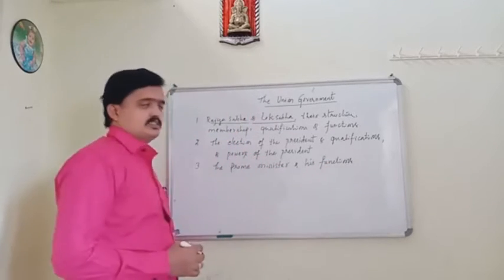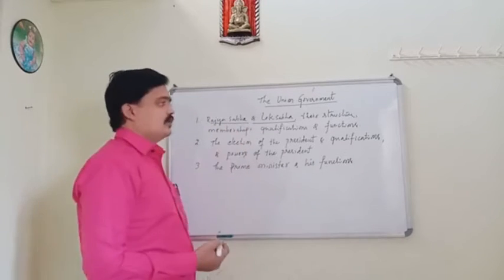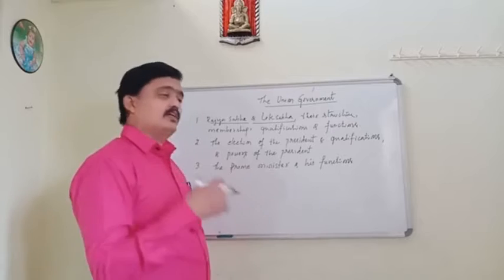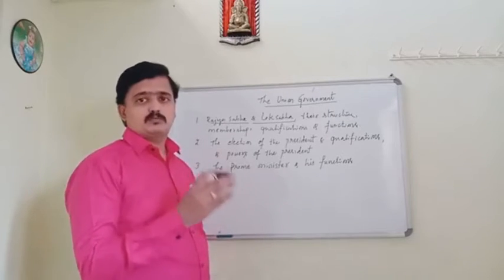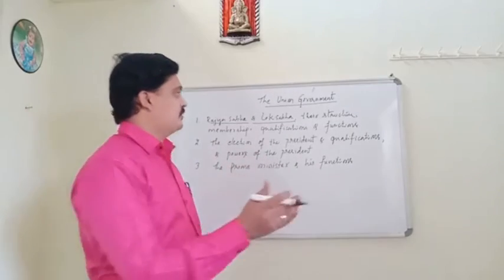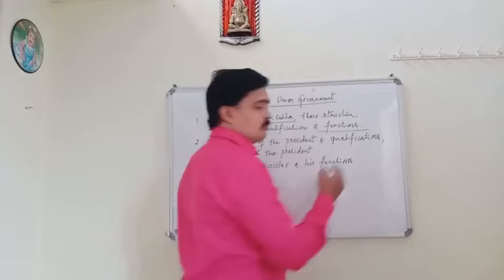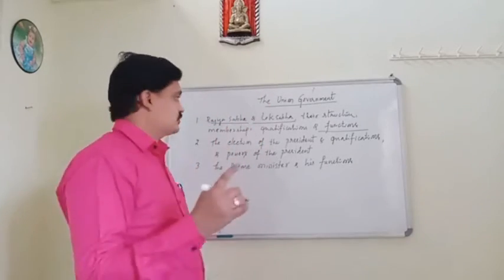See, in today's class, we will be learning Rajya Sabha and Lok Sabha and their structure, membership, and qualifications required to become the member of Rajya Sabha and afterwards Lok Sabha, and the functions of both the houses.